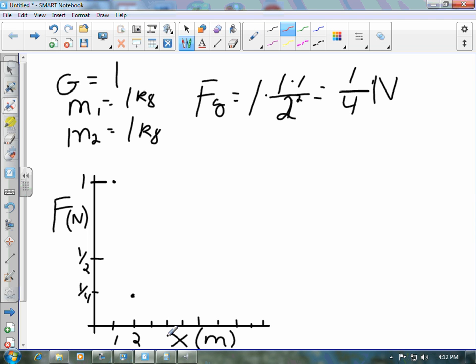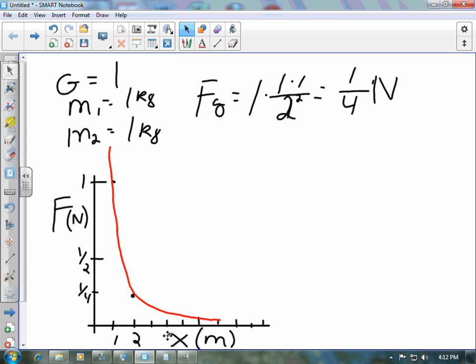It looks like this. The further away the two objects are, the graph falls off as the square of the distance. The closer the objects are, the more intense the gravitational force.